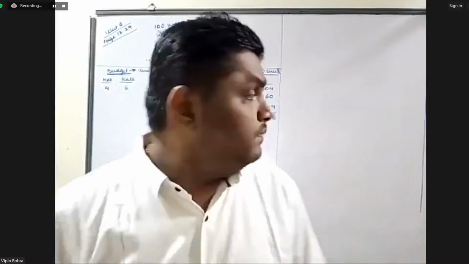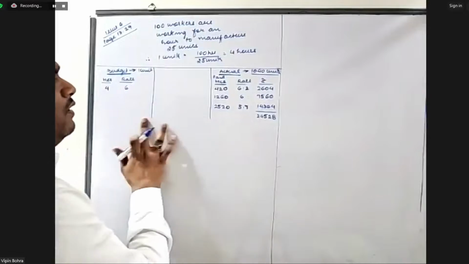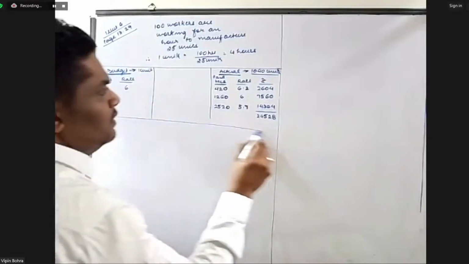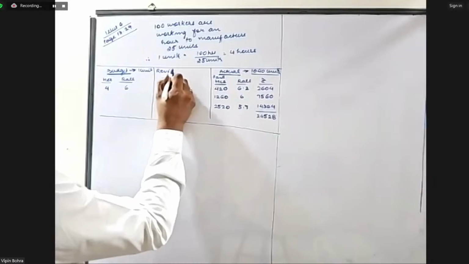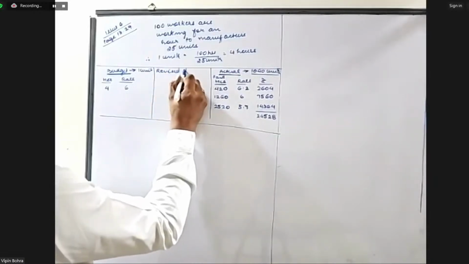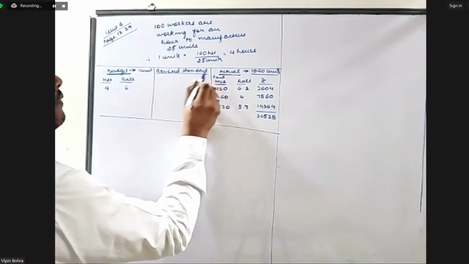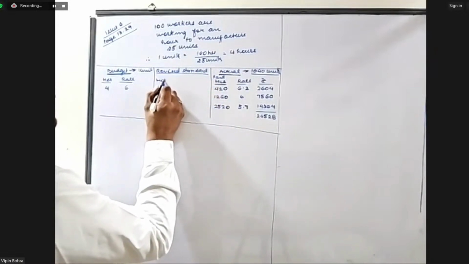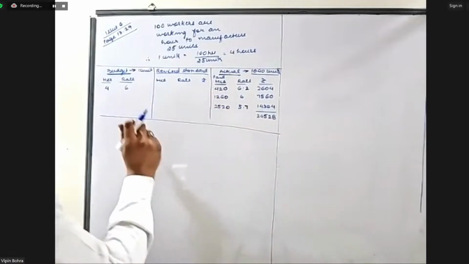So this data is given in the question. Now this data is for 1 unit, and this data is for 1040 units. So we have to make them comparable. So we will prepare the revised standard, wherein hours, rate and amount.